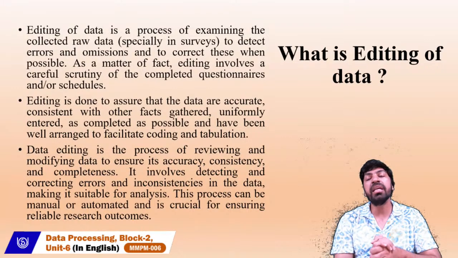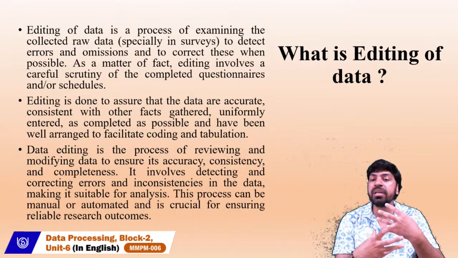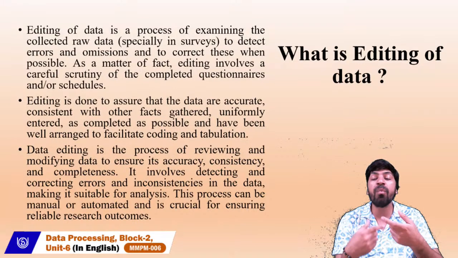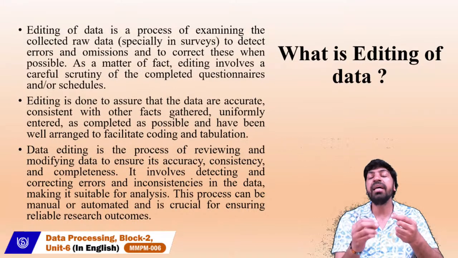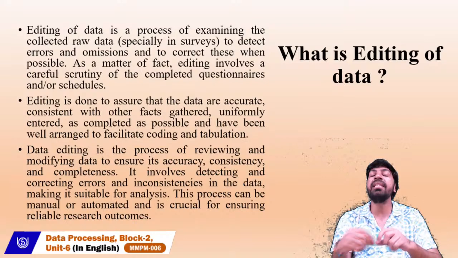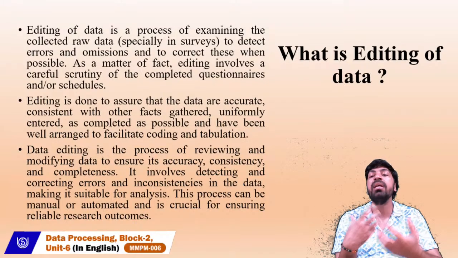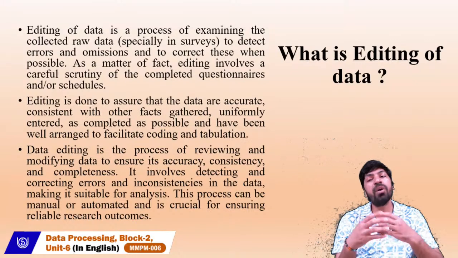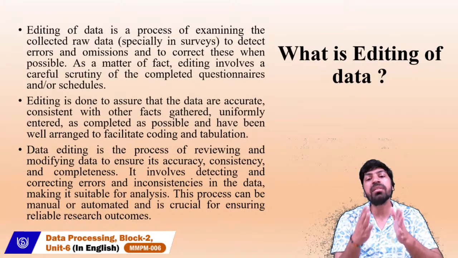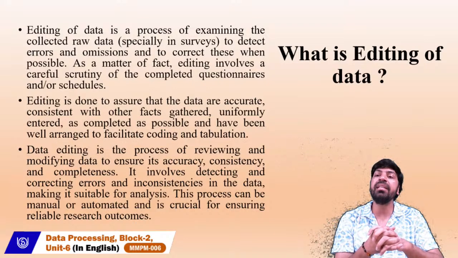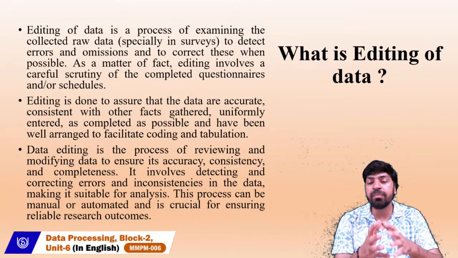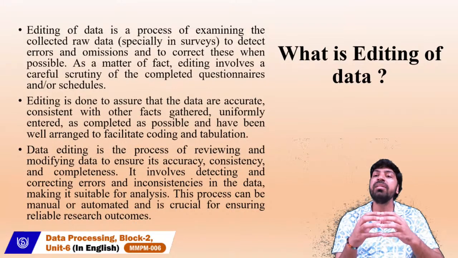So data editing is a process in which a researcher reviews and modifies the data so that accuracy, consistency, and completeness can be seen, and it involves detecting and correcting errors wherever possible.